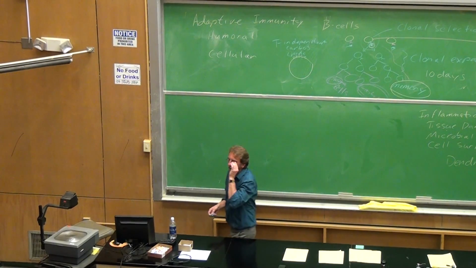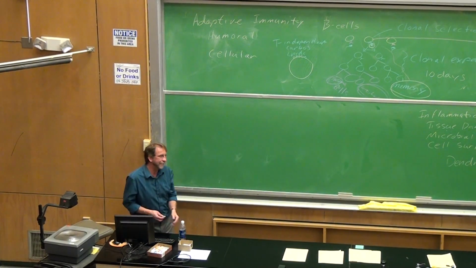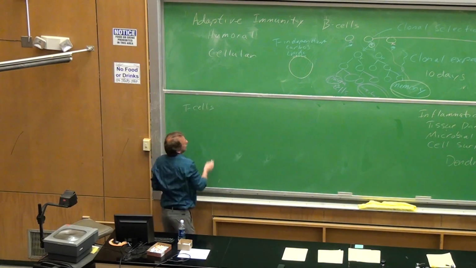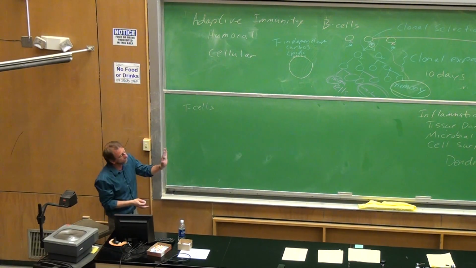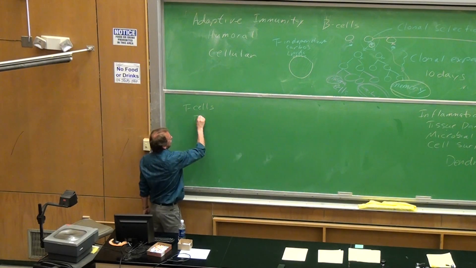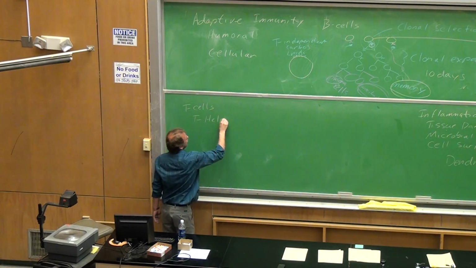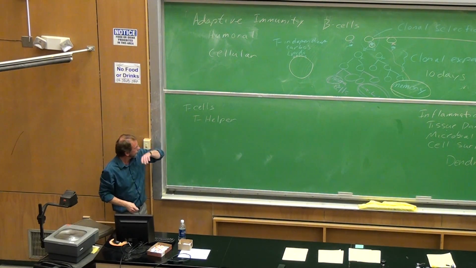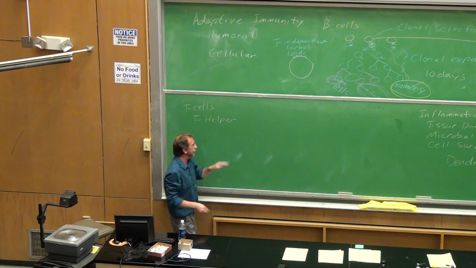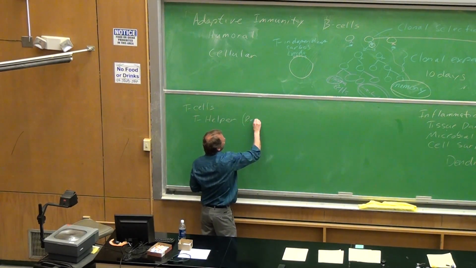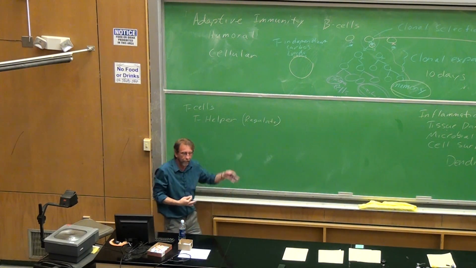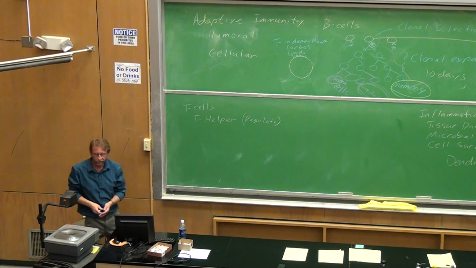Okay, let's turn our attention briefly to the T cells. So the T cell that I've been talking about for the most part is the T helper cell, or the helper T cell, depending on the book that you're reading. And this cell pretty much is involved in regulation. It regulates, as we've seen here, the immune response.